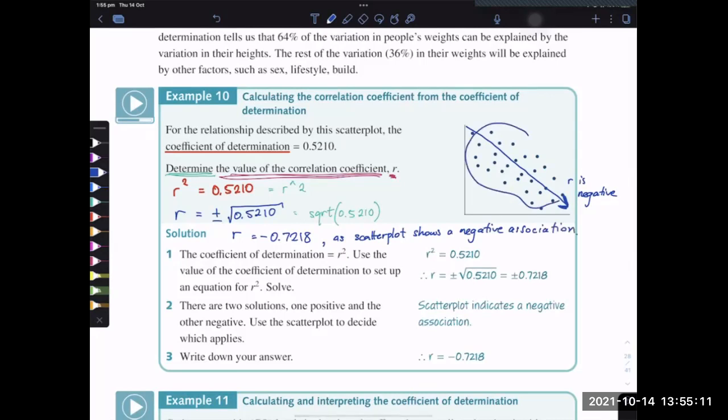Instead of saying graph, we have a specific name for this. It's called a scatter plot. You can write that all in one line. So three steps: write out your information, rearrange it making sure you have the plus minus, and then figure out which one you have to take, a positive or a negative.